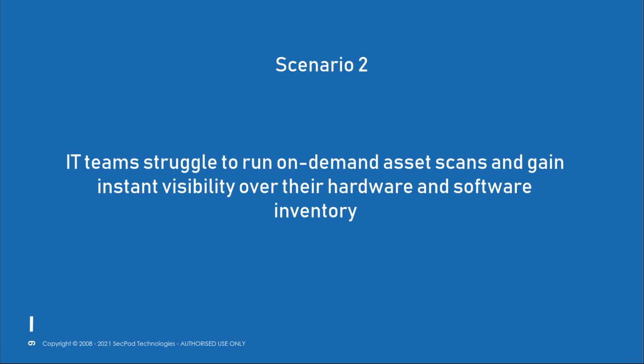Yes, Dikshita. This is really important to gain instant visibility over their hardware and software inventory. For this, the solution is on-demand real-time scanning. Sena now supports this. I will show you how to perform on-demand scanning in Sena now.